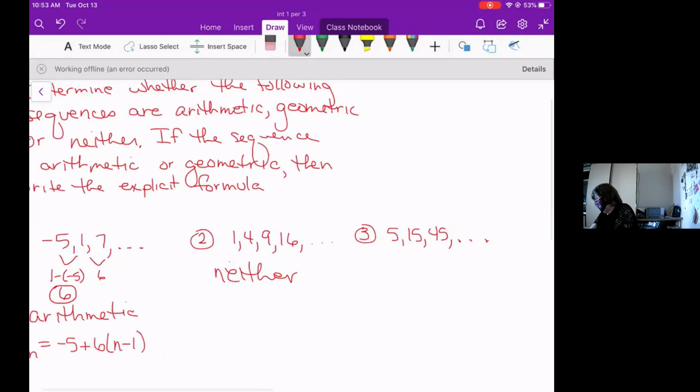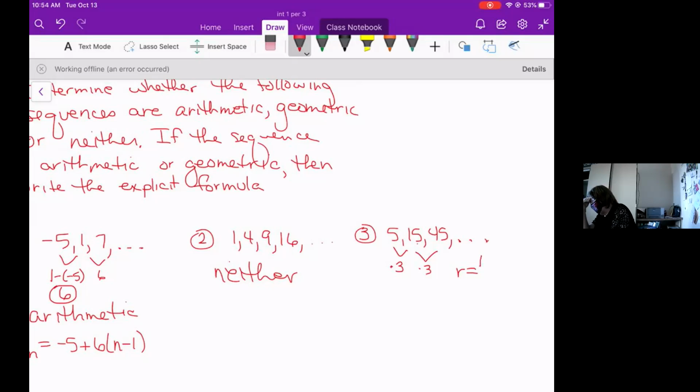Now here, what plus 5 gives me 15? 10. Does 15 plus 10 give me 45? No. What times 5 gives me 15? 3. So this is times 3. Is 15 times 3 going to give me 45? Yeah. But what if I couldn't figure it out right off? How could I find that ratio? You could take any two terms that are side by side and divide the one on the right by the one on the left.